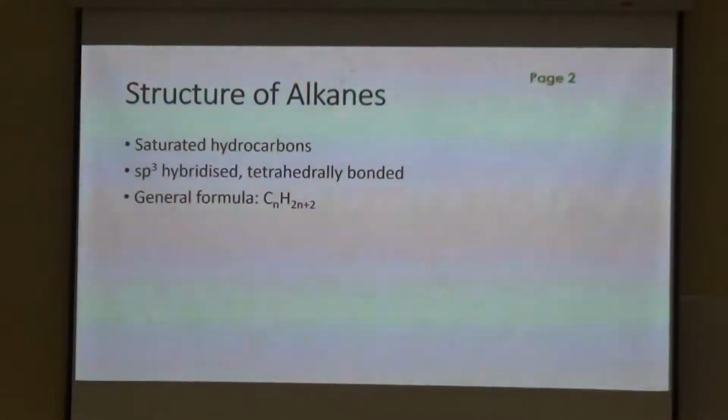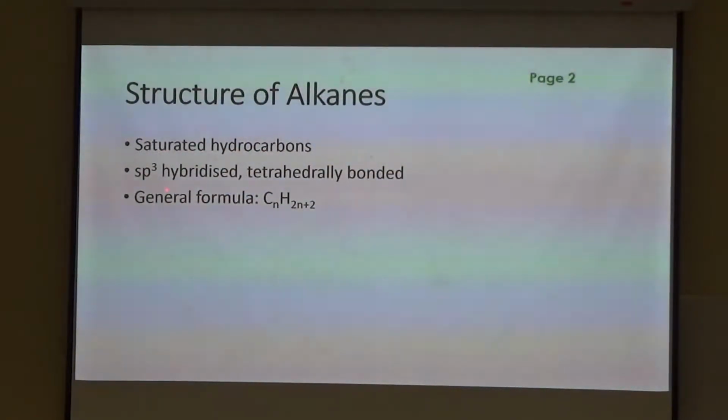Okay, so the first one we're going to learn a little bit more about alkanes. It is a saturated compound, like what I mentioned just now. Saturated means there is no double bond, there is no triple bond. Each carbon atom is bonded to 4 other substituents. It is sp3 hybridized, meaning there is 4 hybridized orbitals, and it will form 4 sigma bonds.